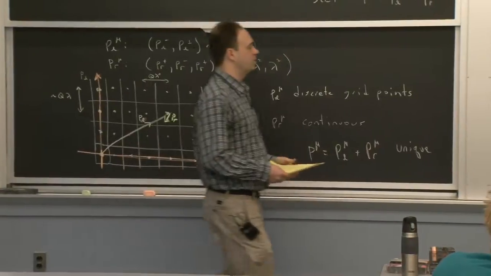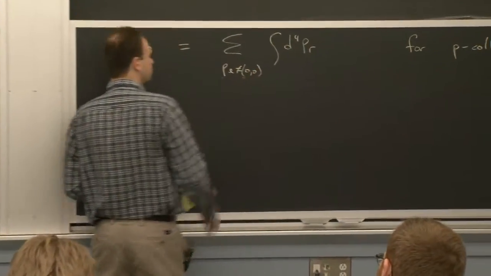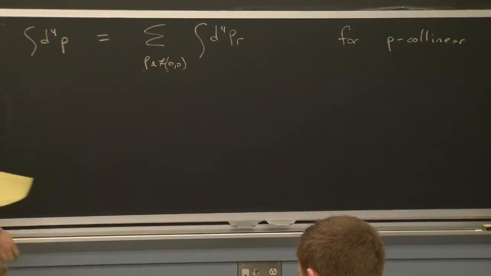And so the one box where PL is equal to 0, 0, that particular box is not collinear, doesn't have a collinear momentum.